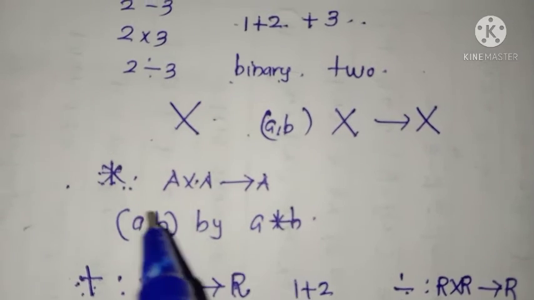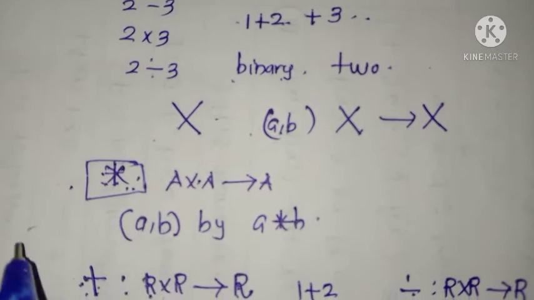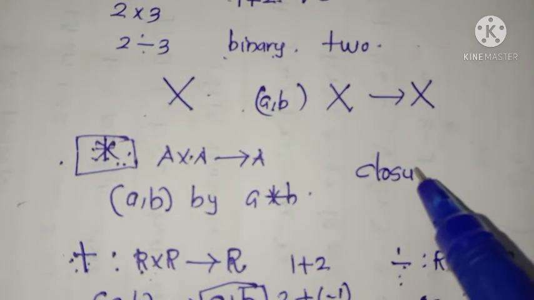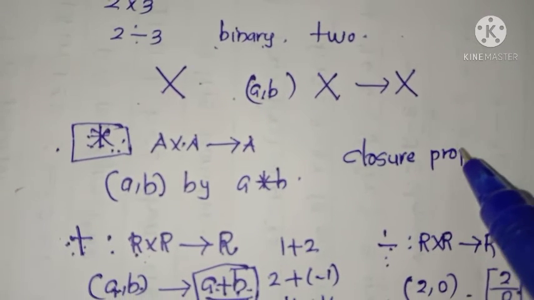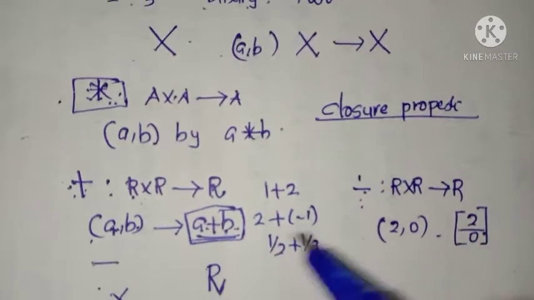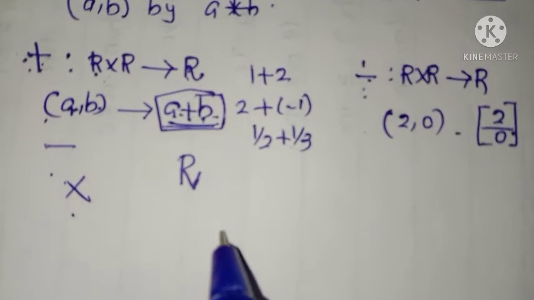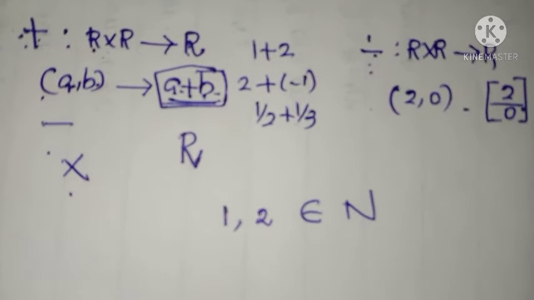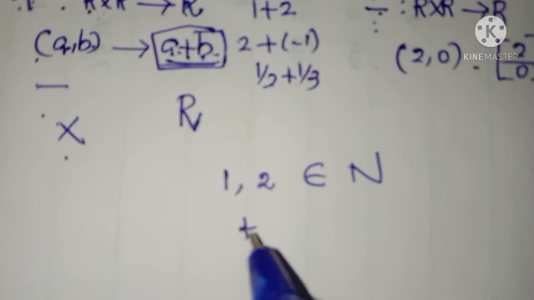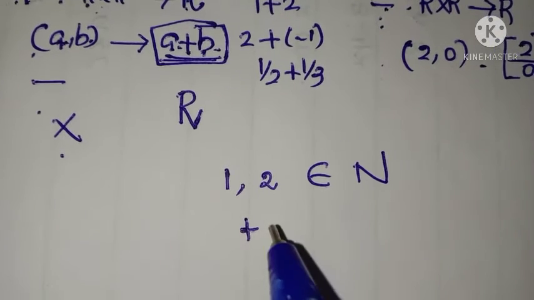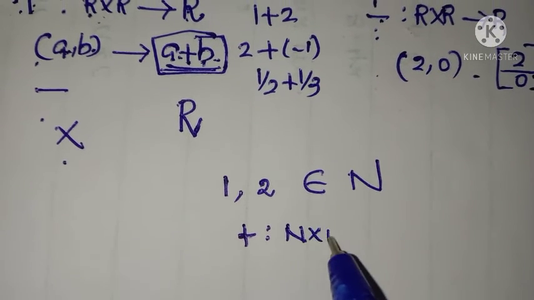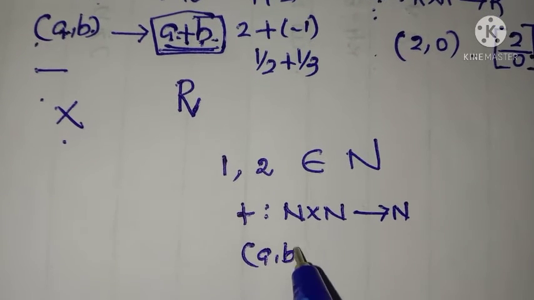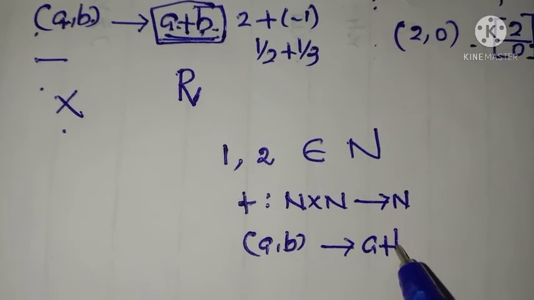So, we can define an operation star as a binary operation if it satisfies the property known as the closure property. Closure property means suppose we take any two elements 1 and 2 belonging to the natural numbers N, and we define the operation addition from N cross N to N defined as the ordered pair (a, b) maps to a plus b.